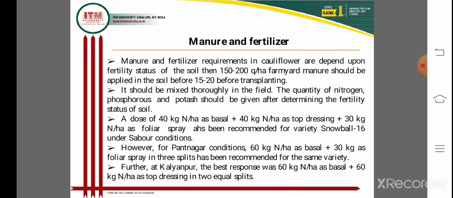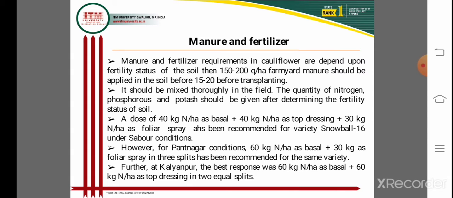Then 150 to 200 quintal FYM can be used per hectare of cauliflower. It is applied in the soil 15 to 20 days before transplanting and then incorporated in the soil. It is very important for the decomposition of this FYM in the soil, so that nutrients are available to the plants.